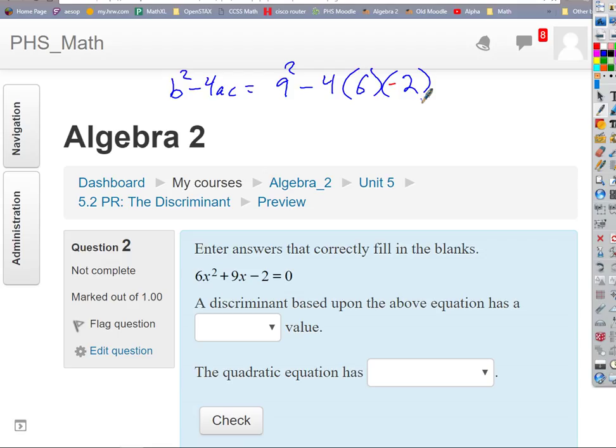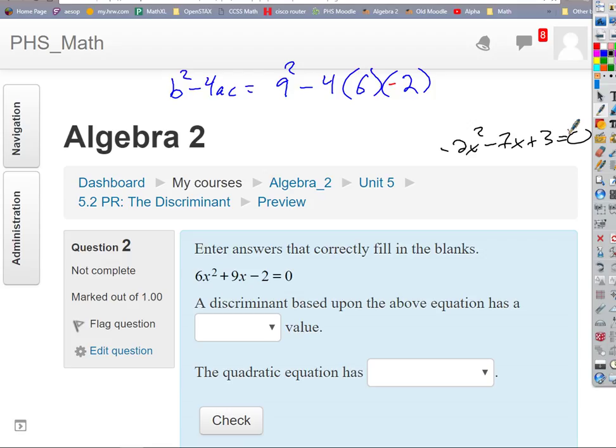Now think about this. When we write a quadratic equation in standard form, we always make a positive, don't we? Like if we started off with a quadratic equation, negative 2x squared minus 7x plus 3 equals 0. That's not really in good standard form.